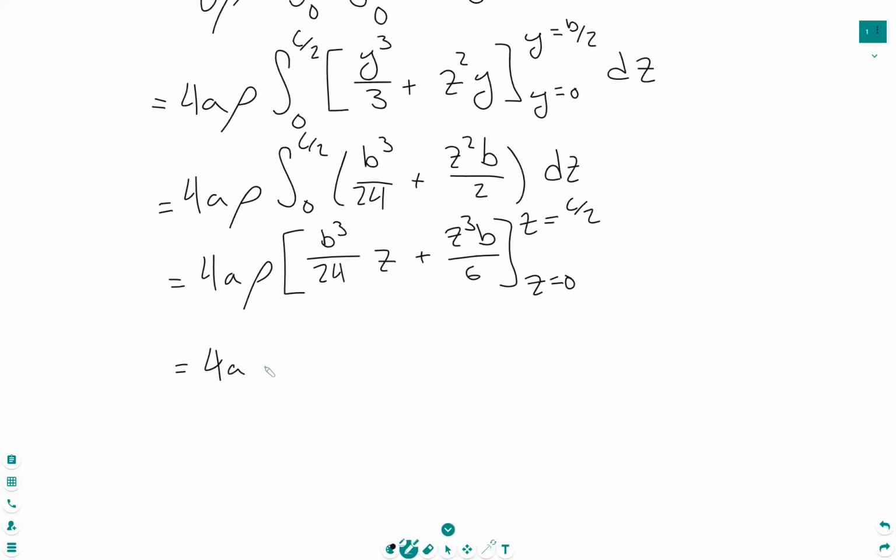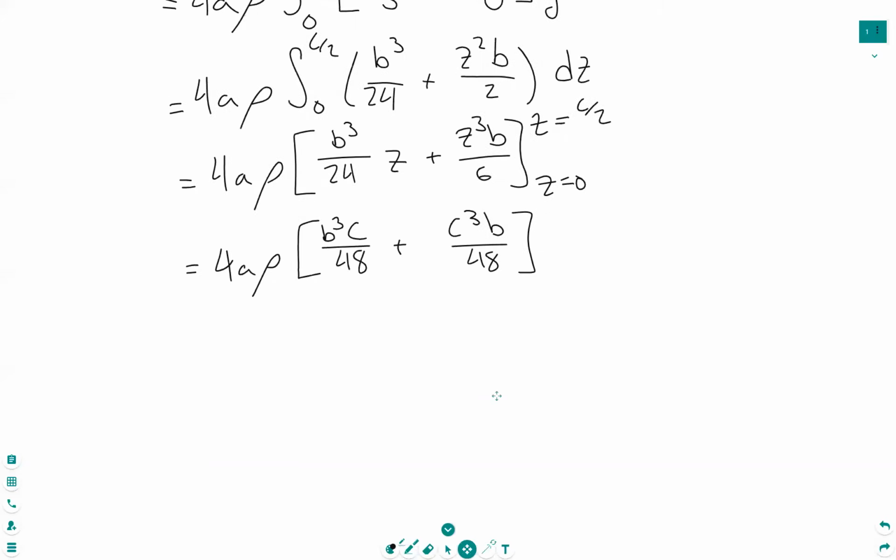This is 4a times rho, b cubed times c over 48 plus c cubed times b over 48. Or I can write this a little bit nicer, and you actually see the pattern here.